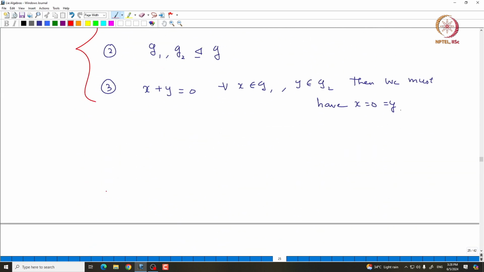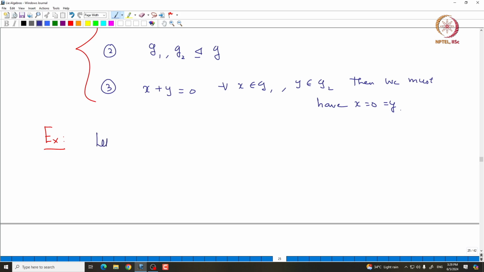Now I will leave it as an exercise that the direct product of two Lie algebras is naturally isomorphic to the direct sum of two Lie subalgebras.